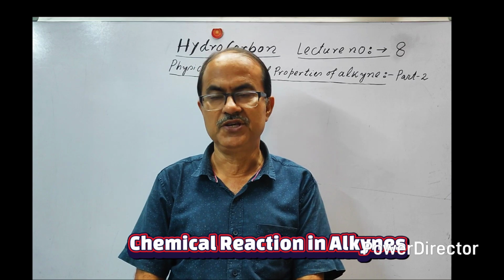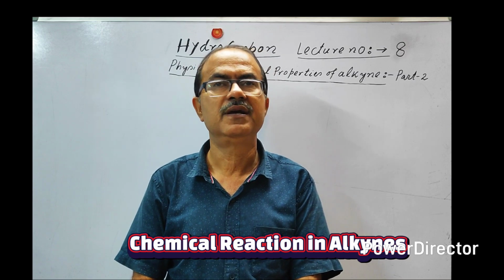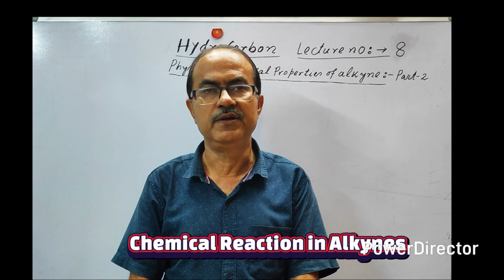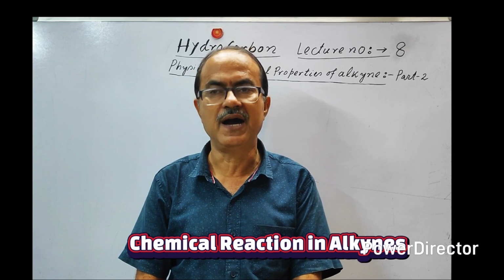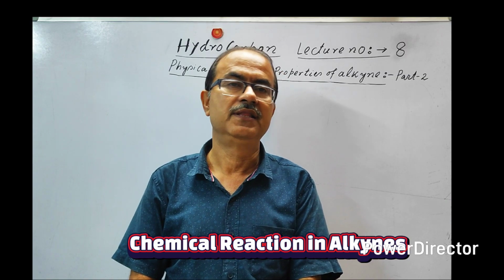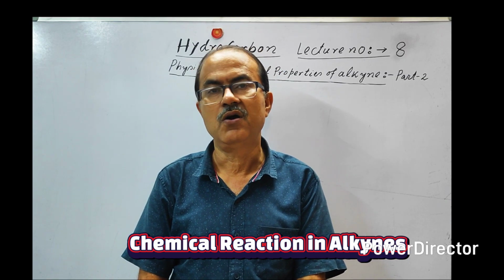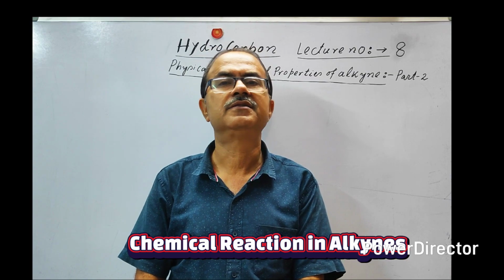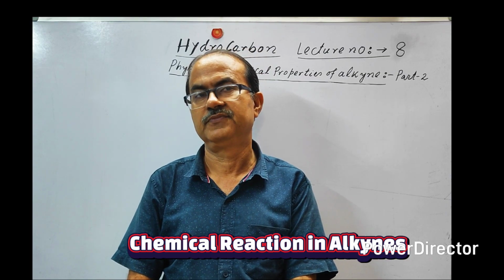In lecture number 6, we started the new, very important basic hydrocarbon, that is alkyne. In that lecture, we discussed the preparation of the alkyne, its nomenclature and its isomers.